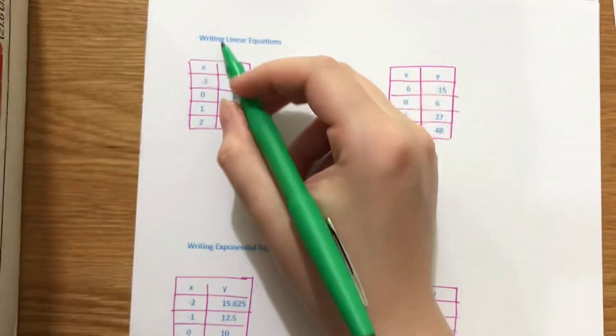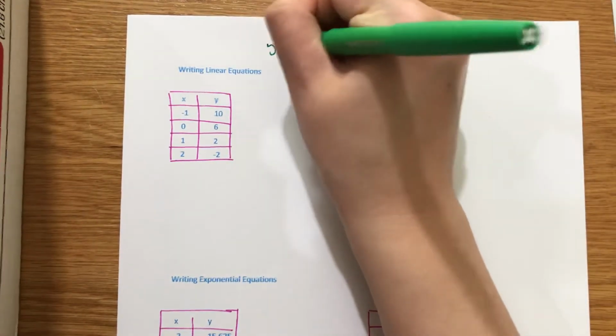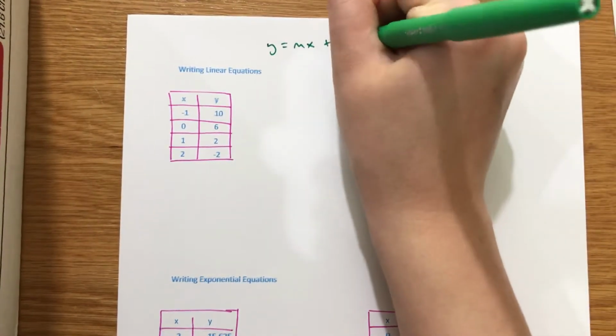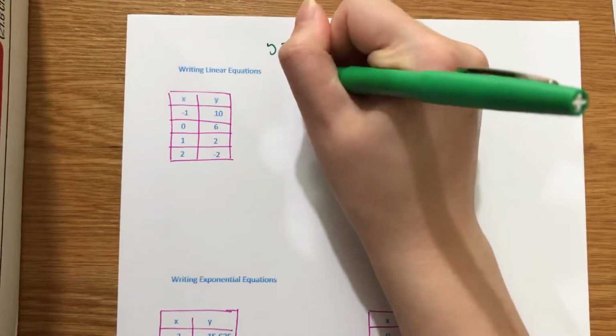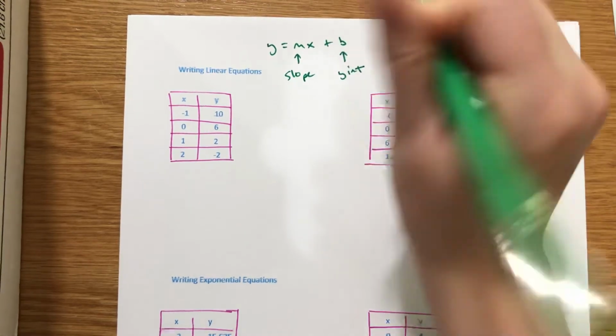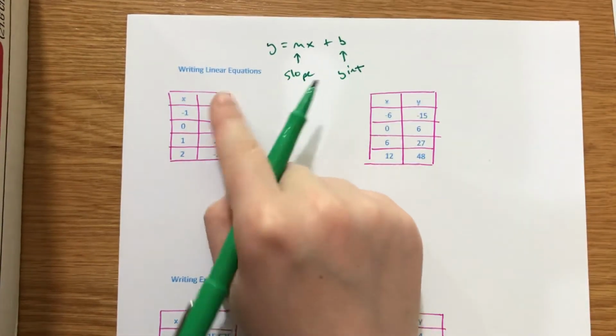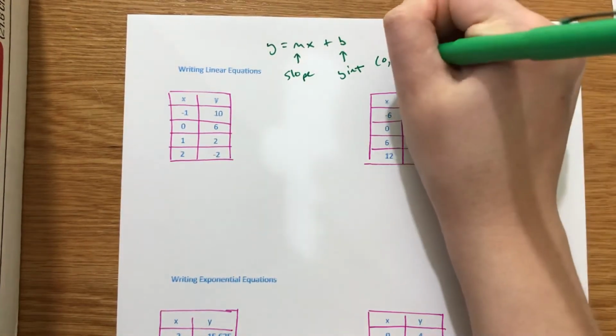And so to write a linear equation, you guys know that you have to have y equals mx plus b. So there's 2 things we need to know. We need to know the slope, and we need to know the y-intercept. Well, I showed you guys already how to practice finding slope using a table. And then the y-intercept is always a 0, b value.